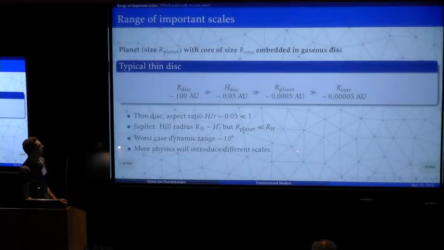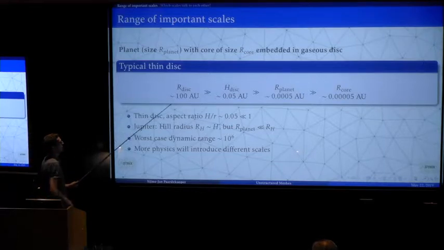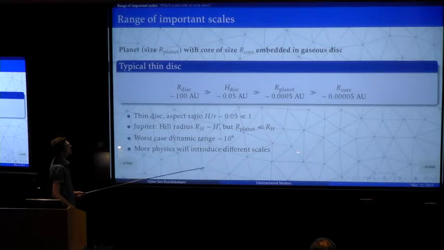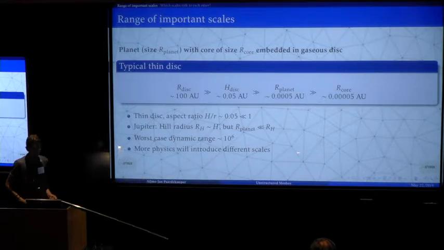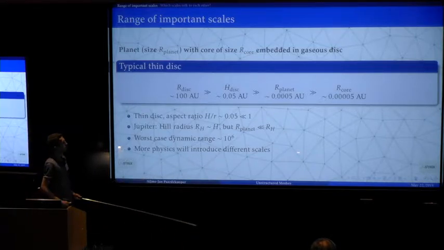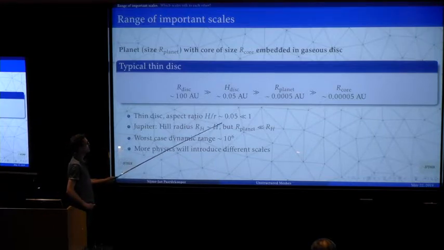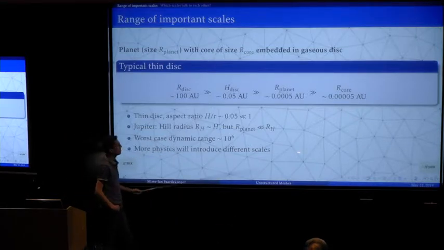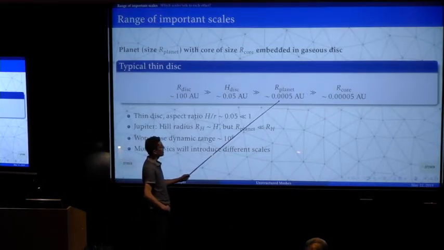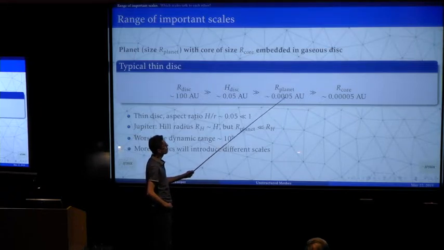So, some of the scales we might want to resolve. The largest scale is clearly the disk size, which can be hundreds of AU. Now, disks are, as is well known, usually thin. Taking an aspect ratio of 0.05 at 1 AU, the vertical scale of the disk is much smaller. If we put in a planet with the physical size of Jupiter, that's a factor of 100 smaller again.